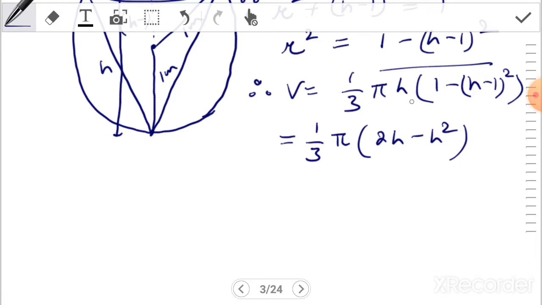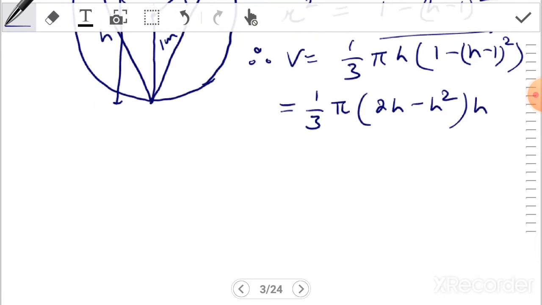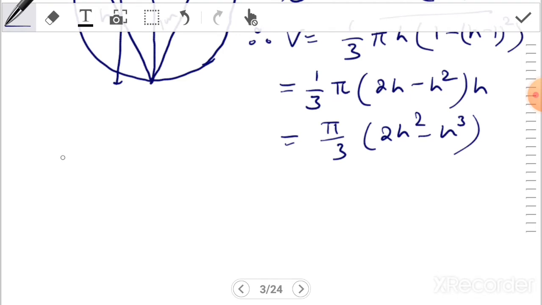Okay, see, there is one more h here. So then this will be equal to pi by 3 (2h square minus h cube). Let us say this is a function f = pi by 3 (2h square minus h cube).